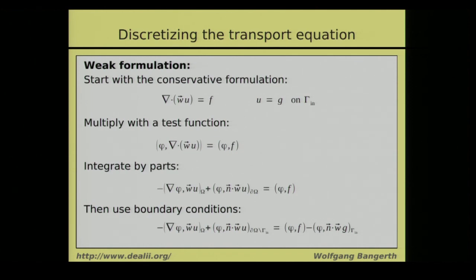So I split this integral over the entire boundary into the part that is not inflow and the part that is inflow. On the inflow part, I know that u equals g, and so I can bring it over to the right-hand side. What remains on the left-hand side is only the part that lives on the remainder of the boundary. That's the weak form of this problem.